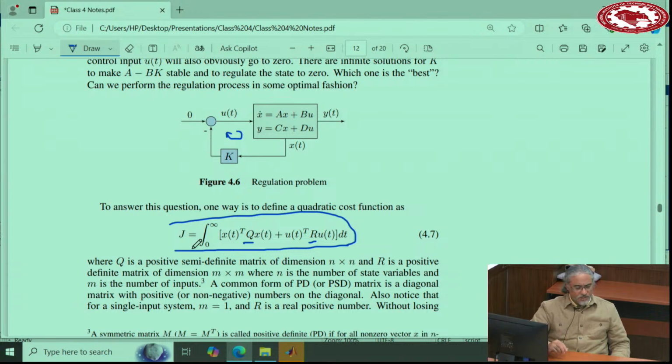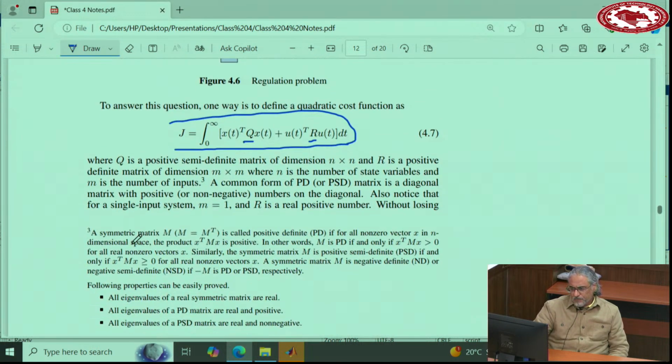In other words, when you minimize a positive factor of the square of the variables, not a negative factor, it just doesn't make sense. Okay, so here is a little definition about positive definite and positive semi-definite. If you don't know, just read through.